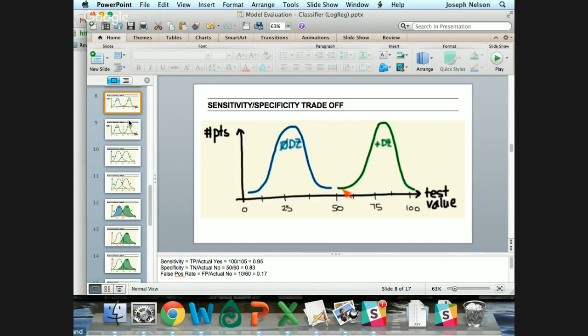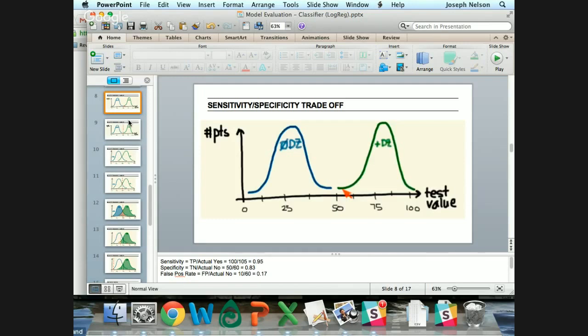Why? Yeah, you're always right. It's a perfect test. You would never predict someone does not have the disease when in fact they do, because based on our underlying data, we can choose a cutoff point wherein those values never overlap, and we would never incorrectly say you had the disease when you didn't, or you didn't have the disease when you do.